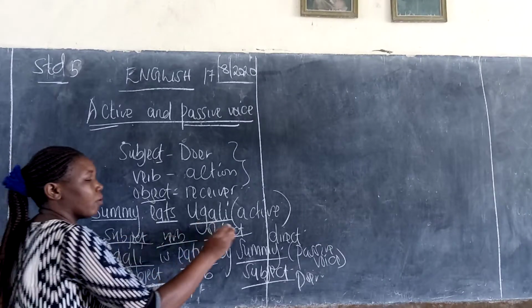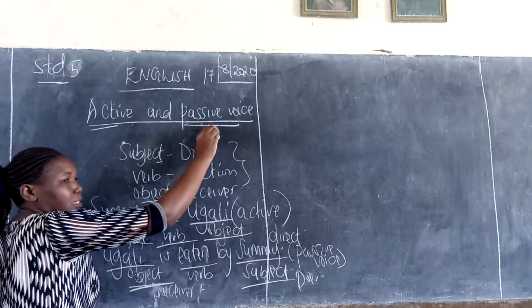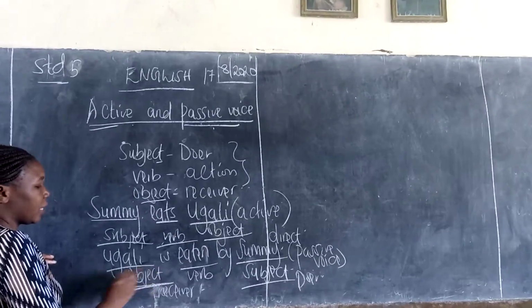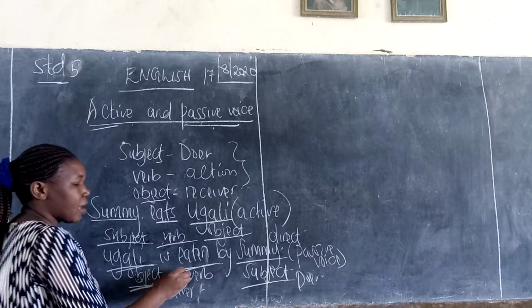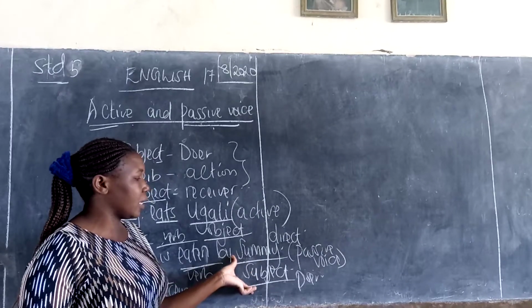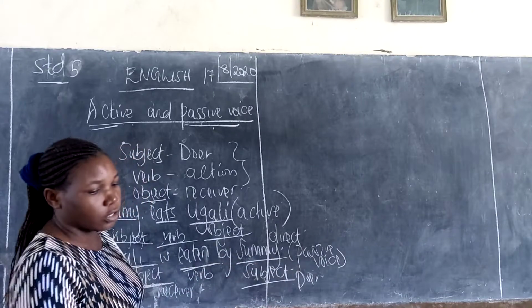But when I'm talking about a sentence in passive form, we start with an object, who is the receiver, then a verb, then the subject, the doer, who did the action, becomes the last thing.